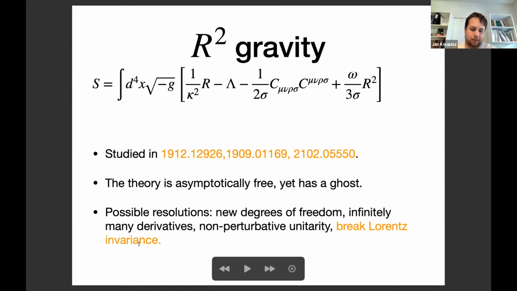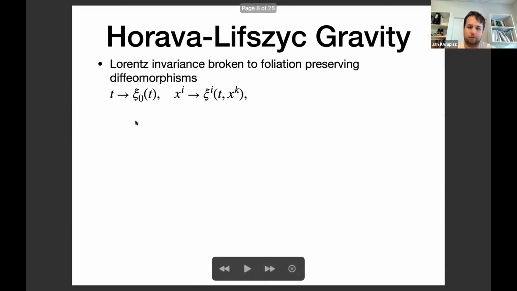If we break Lorentz invariance, then we land in the Horava-Lifshitz framework. So what is Horava-Lifshitz theory? It's a theory where we break Lorentz invariance to foliation-preserving diffeomorphisms, that is, reparametrization of time and spatial diffeomorphisms on a Cauchy surface.